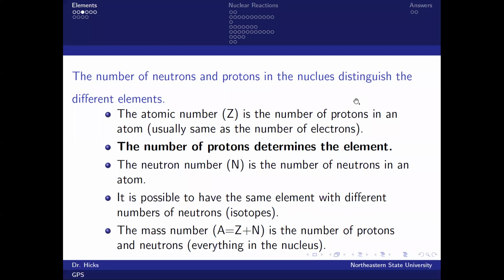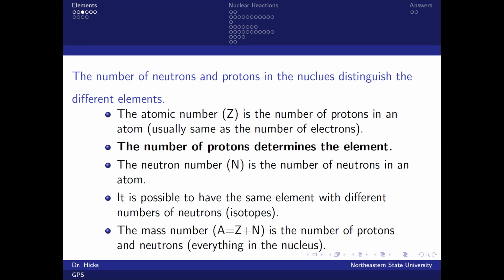Those two numbers that are important are the atomic number, which has the symbol Z, and it is the number of protons in the nucleus. For an electrically neutral atom, the number of electrons is the same as the number of protons, and that's just to balance out all the charge. The atomic number is what we use to identify the element.